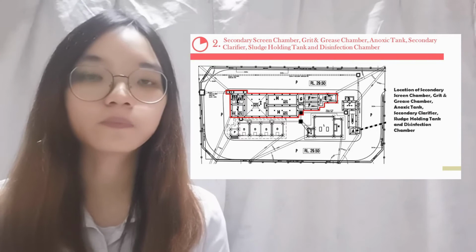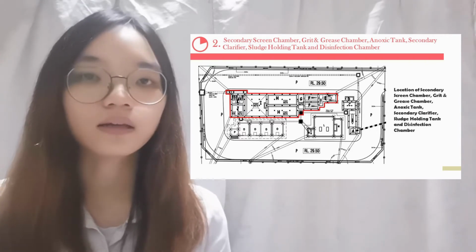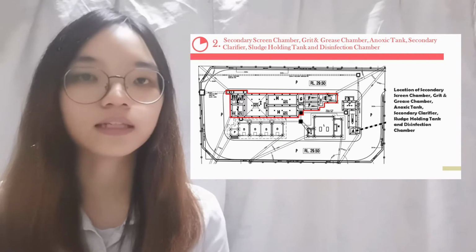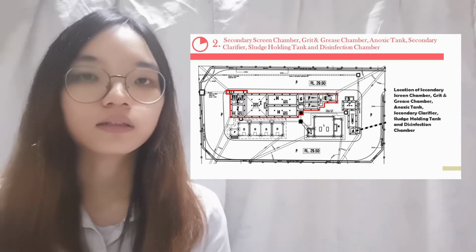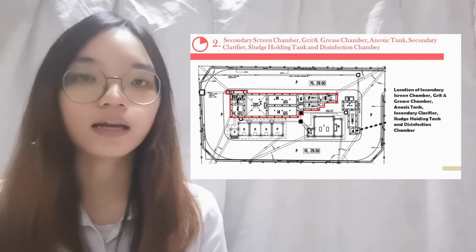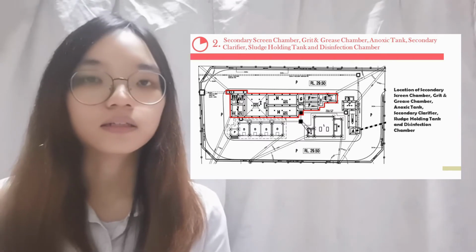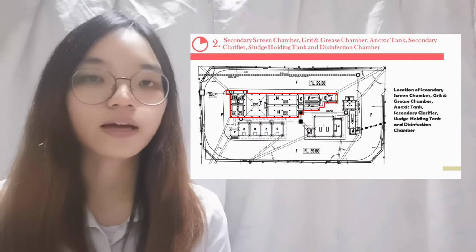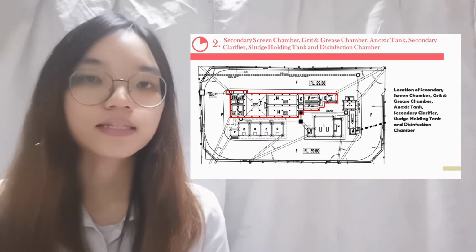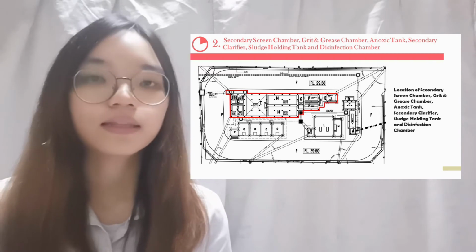And the units in the secondary processing units are the secondary screening chamber, grit and grease removal chamber, aeration tank, anoxic tank, secondary clarifier tank, sludge holding tank, and disinfection chamber.